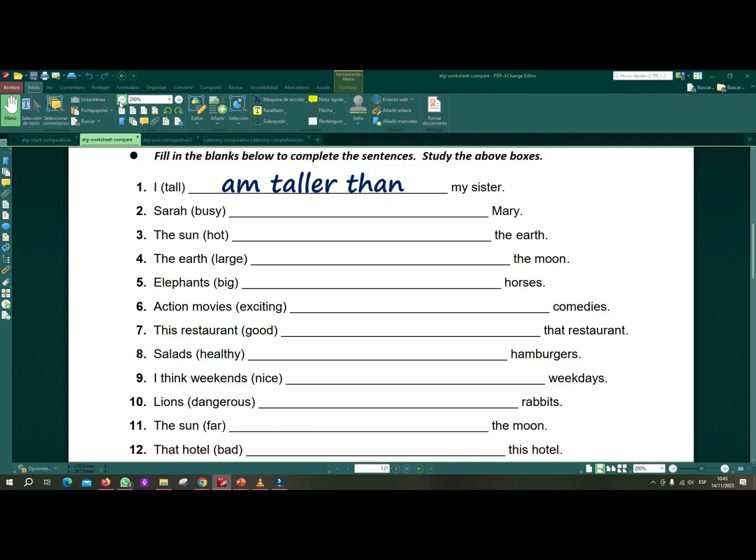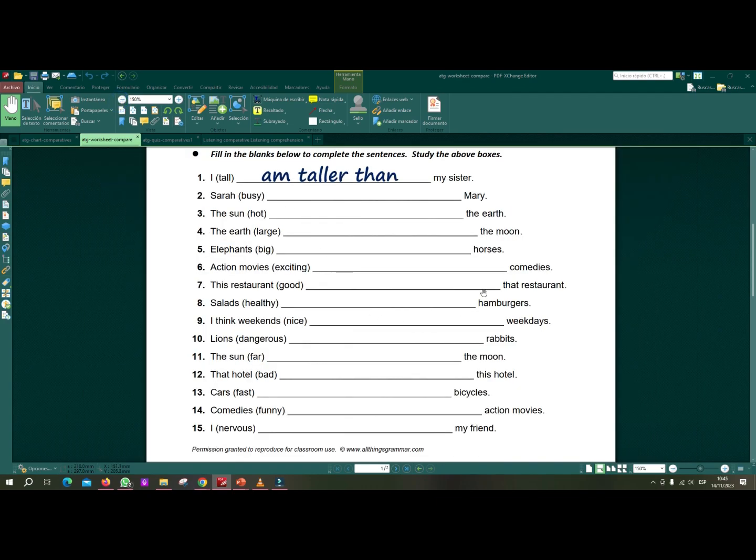Now, fill in the blanks below to complete the sentences. Study the above boxes. Here you have an example. I, and you have an adjective between parentheses. Then you have a noun in this case. My sister.